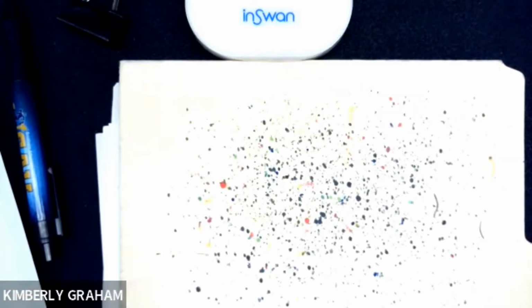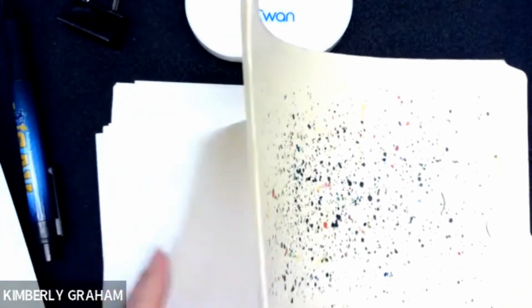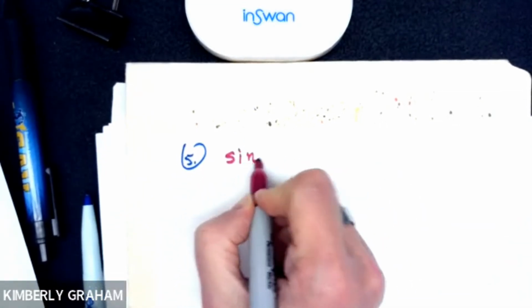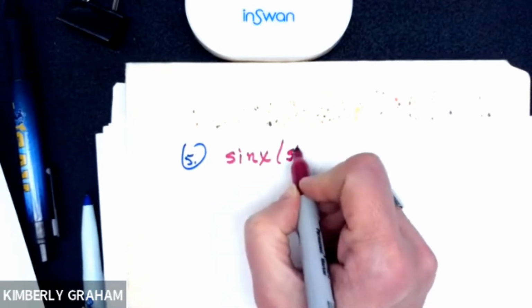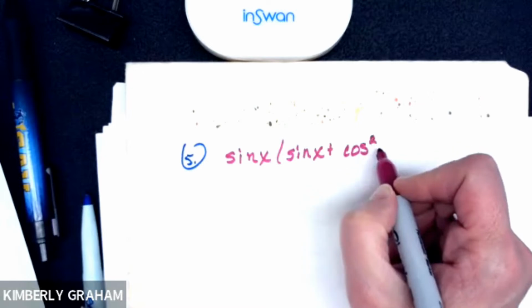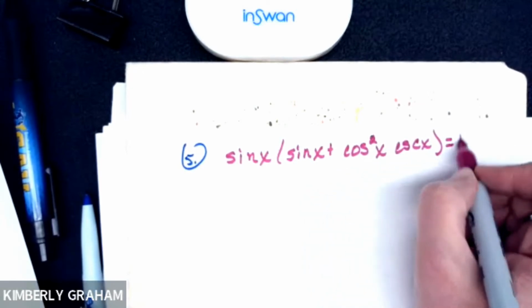Okay. My next problem that I want to do here, I have sine x times sine x plus cosine squared x cosecant x equals 1.